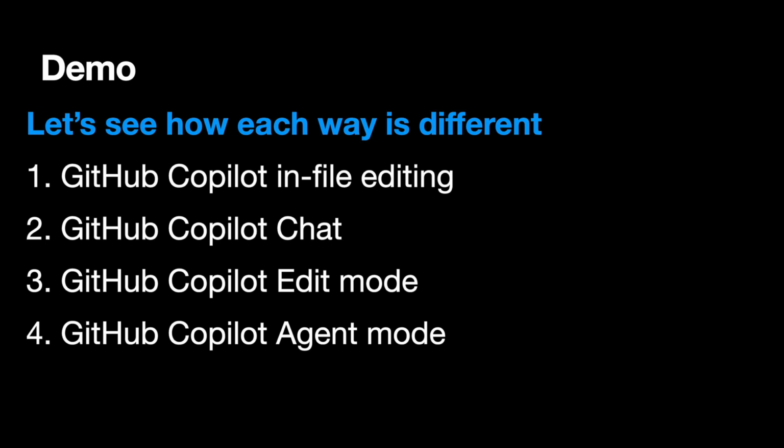So we are going to jump into the demo pretty soon, but before we do that, let's see the layout for the demo. Before jumping into GitHub Copilot Agent mode itself, which is what we are interested in, it's probably going to be helpful for us to see how it is different from the other modes. So first is the one that was offered from the very beginning, file editing, and we'll see that, then GitHub Copilot chat, then GitHub Copilot Edit mode, which is also pretty new, and lastly GitHub Copilot Agent mode.